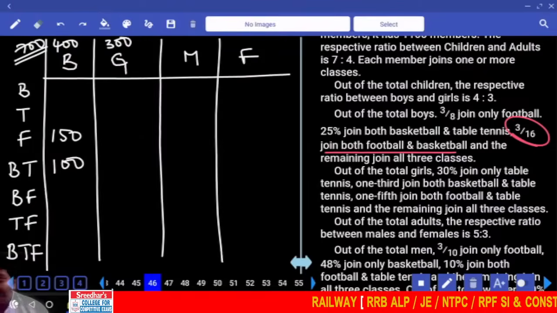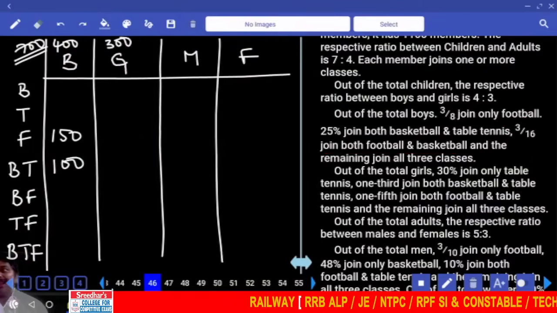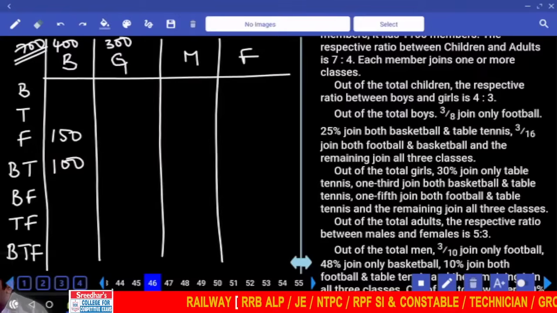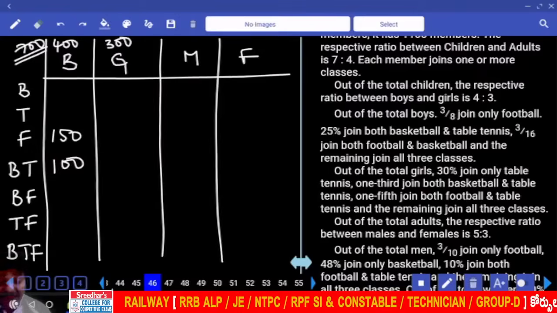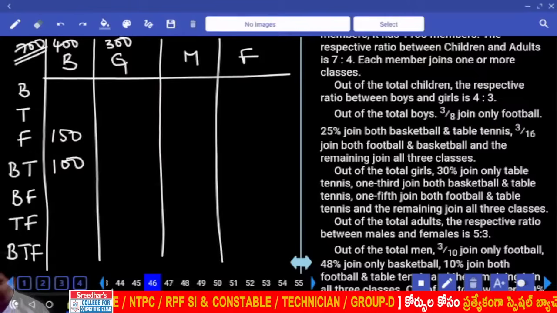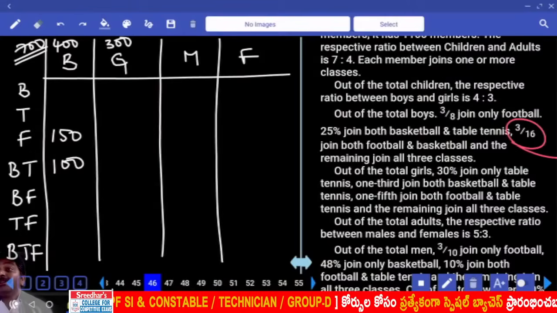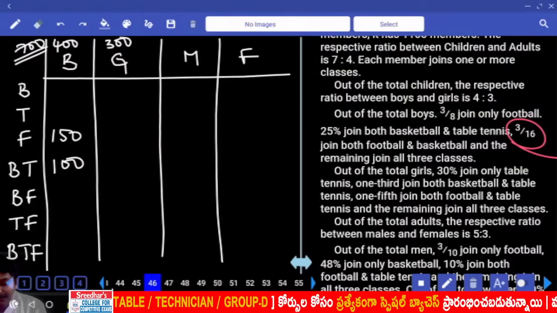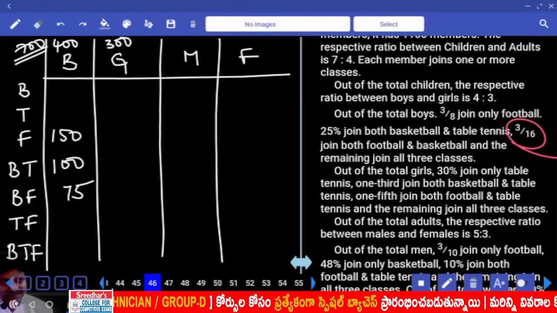Already we calculated 1/8, which was 50. If you make it half, you get 1/16, that is 25. 3/16, 75. Football and basketball.